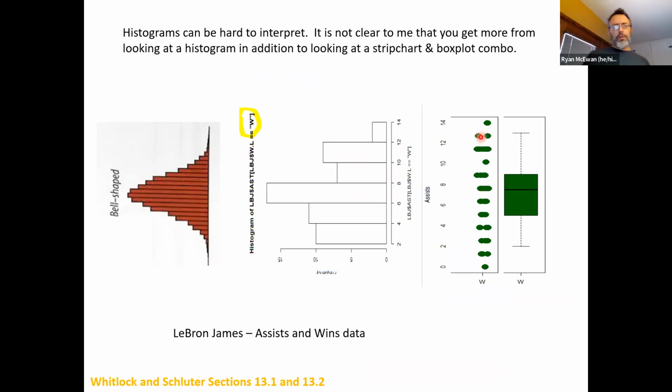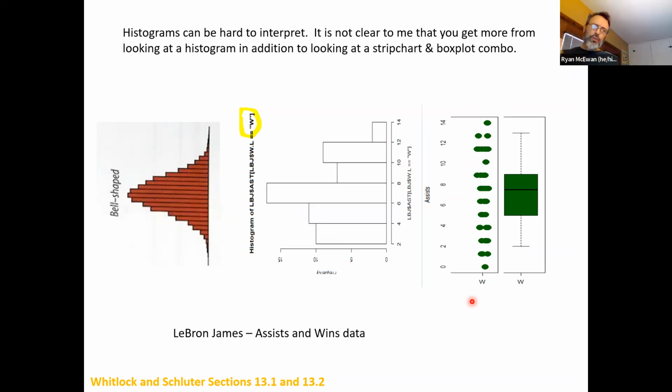We've already done this a little bit with our strip chart or dot plot concept. This is the histogram from this data set, and this is just me turning the bell-shaped curve on its side. So you can try to imagine this shape is reflected in this, kind of. Difficult to see.